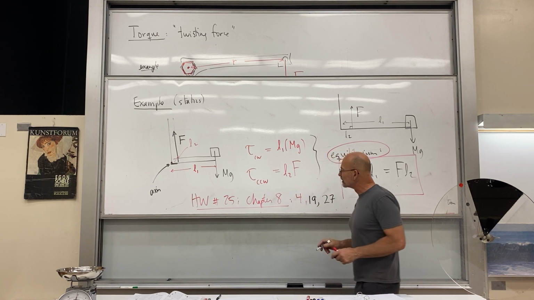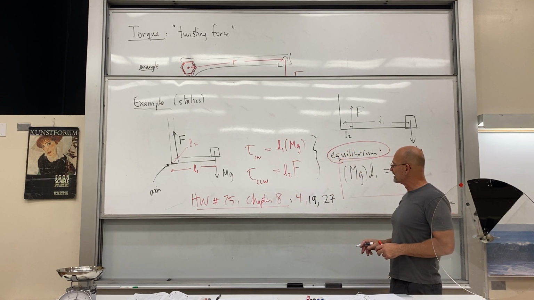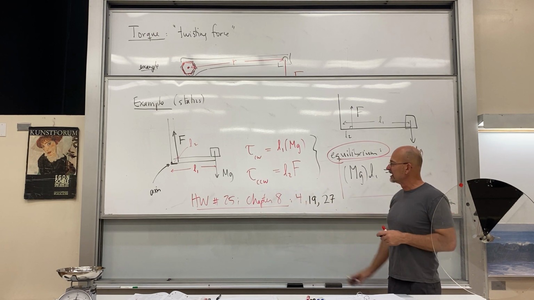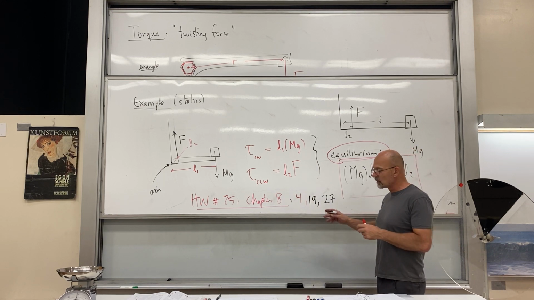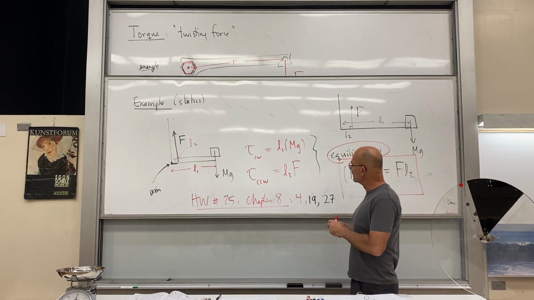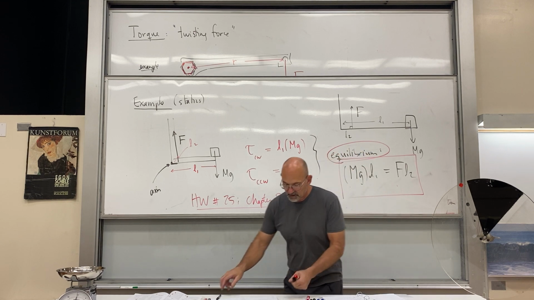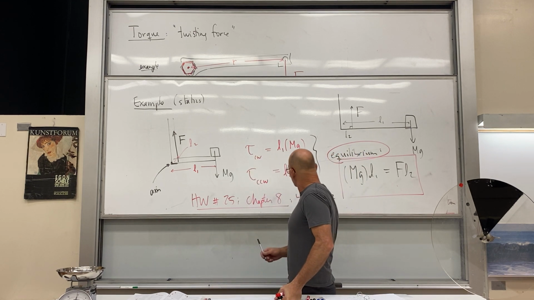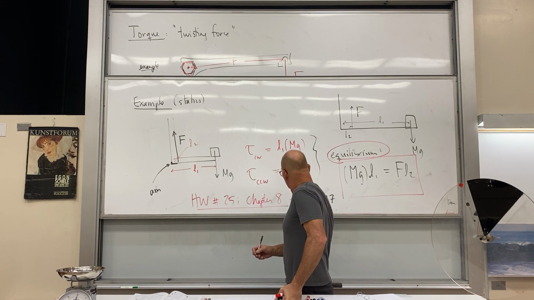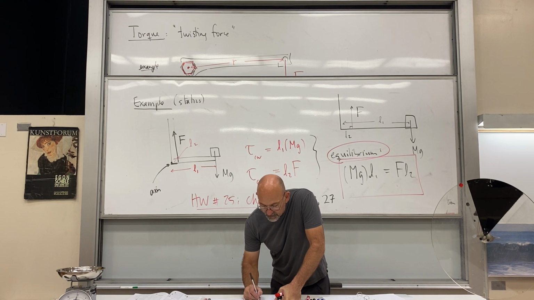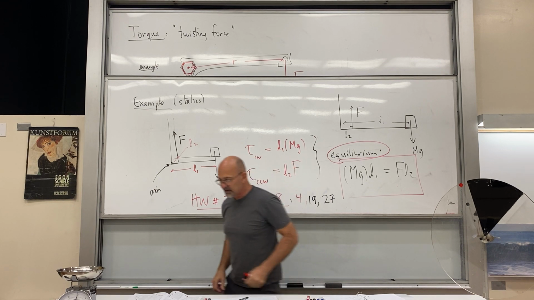So we're doing equilibrium conditions, and I'll probably work these in the next lecture, as a matter of fact. But give them a try, and then I'll work them for you guys, just as part of our discussion. Okay, good. I'm going to write this down: chapter 8, problems 4, 19, 27. Okay, good. See you guys next time.